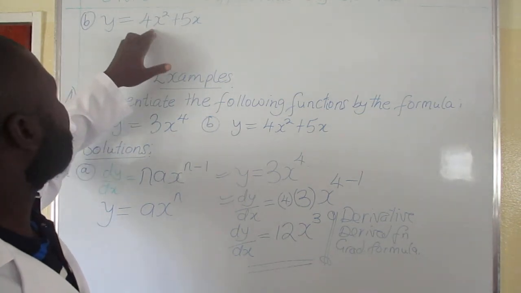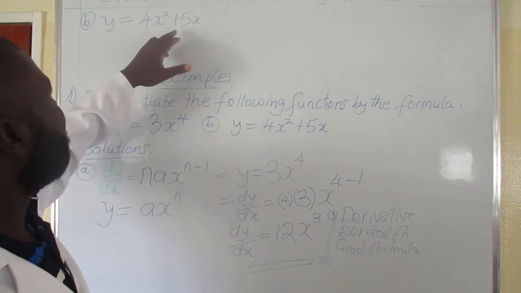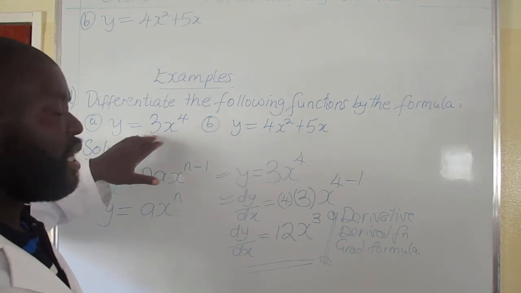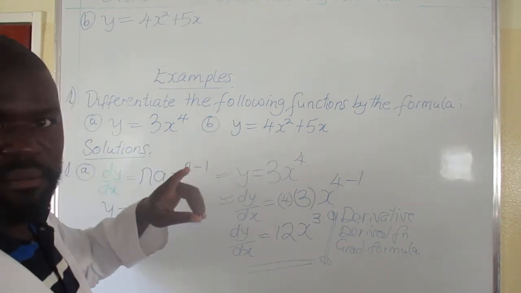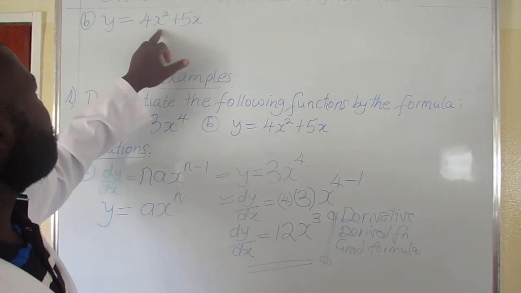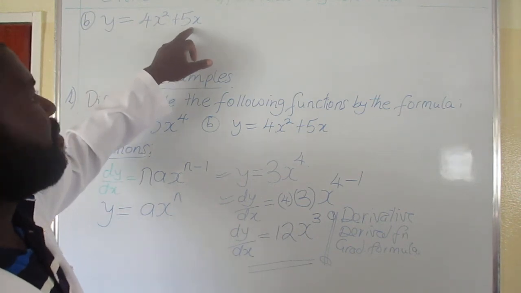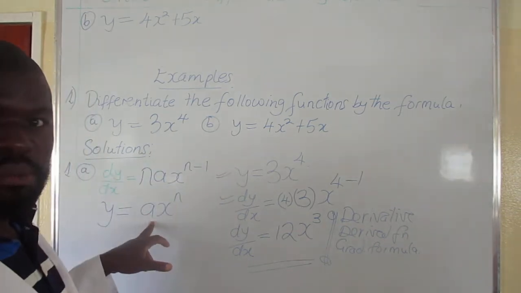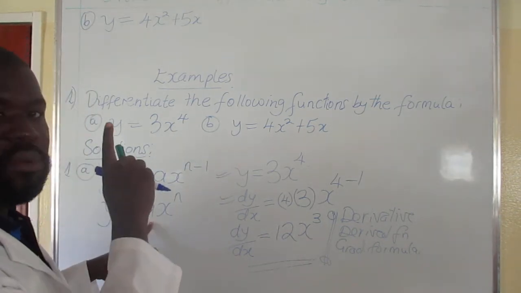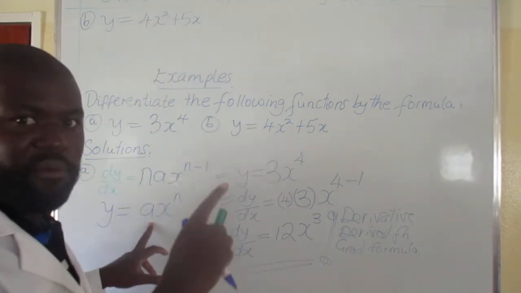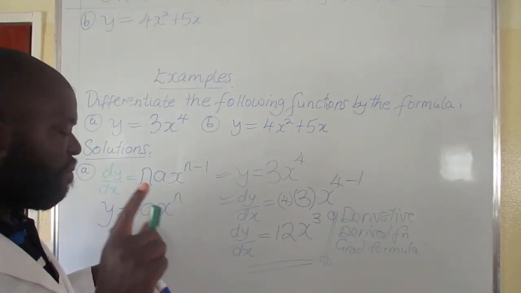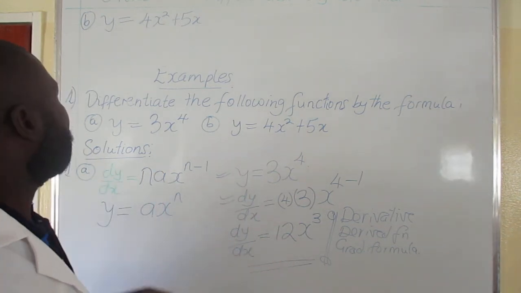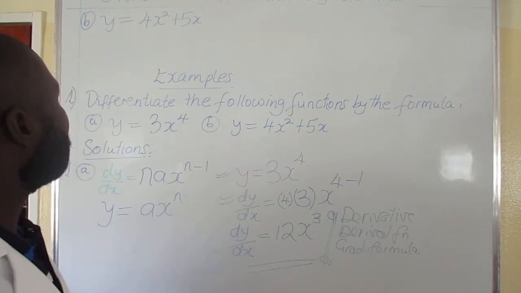We have 4x power 2 and 5x. Now, our formula has to be applied on one term. Since we have 2 terms in the question under 1b, we have to apply the formula on both terms. So let's apply the formula on both terms.